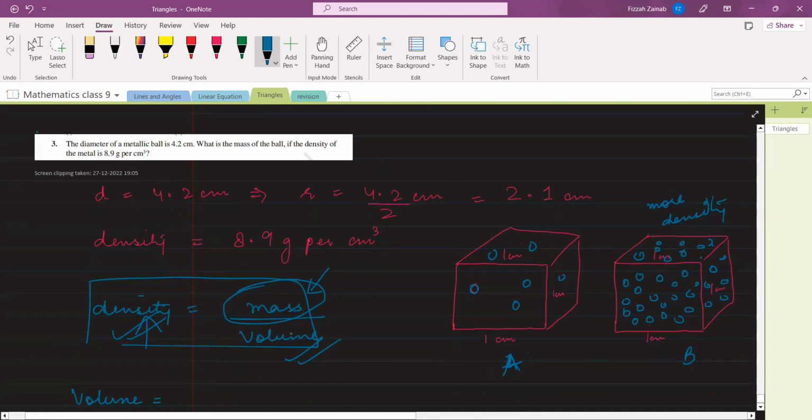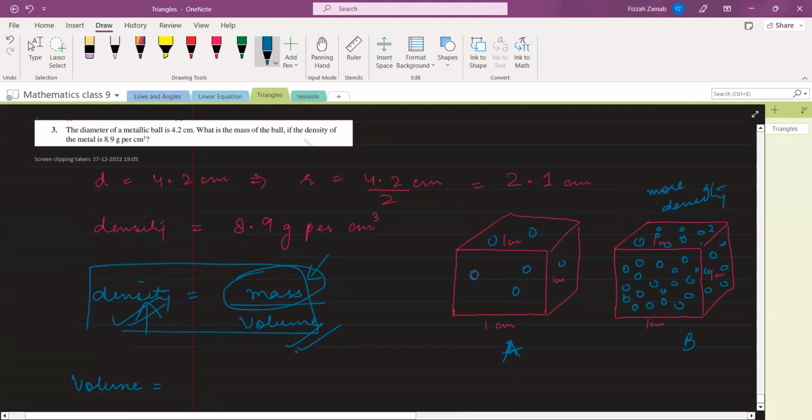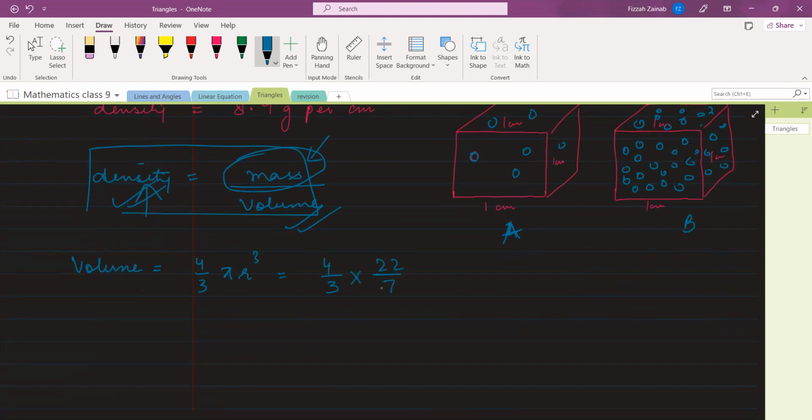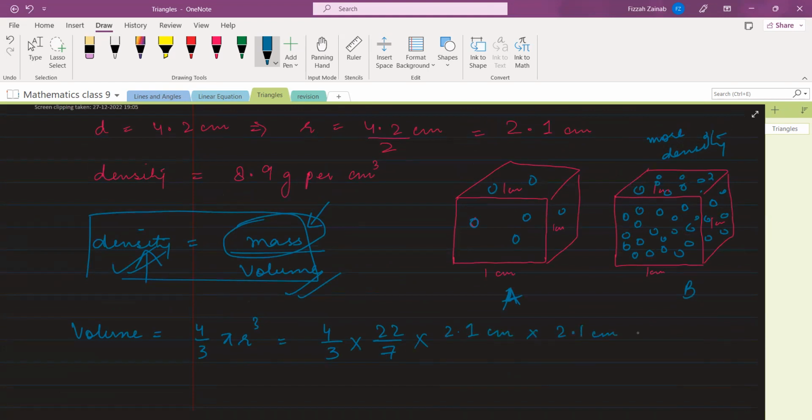Diameter is given, radius we have already found, 2.1 centimeter. So volume is 4 upon 3 pi r cube. So 4 upon 3 into 22 by 7 into radius, which is 2.1 centimeter into 2.1 centimeter into 2.1 centimeter.